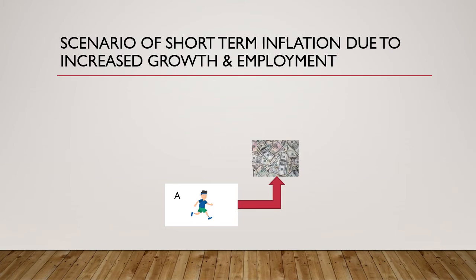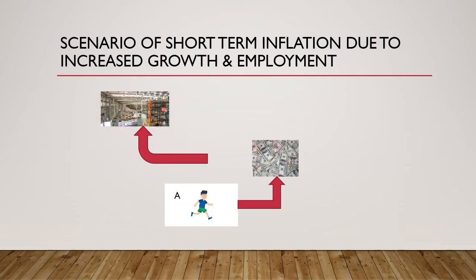Now, let's see how this money or credit generated in the system is inflationary, at least in the short term. So, with this credit, the person sets up a factory, builds infrastructure to in turn build products later on.